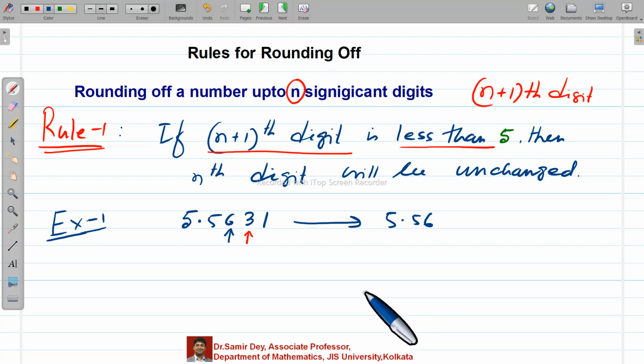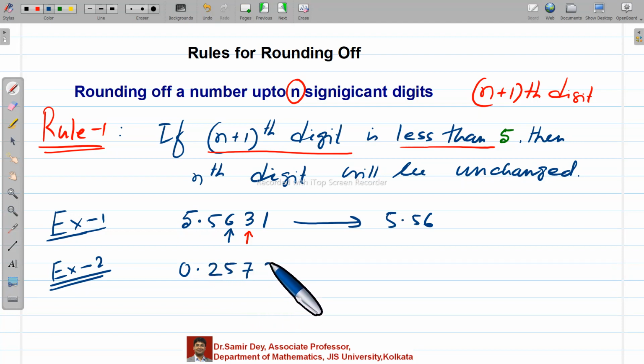Now I'm considering another example. Example number 2. Suppose you have 0.2573. You want to round off up to 3 significant digits, meaning this one. So what is your next target? You need to consider the next digit. First you have to check whether it is above 5 or less than 5.